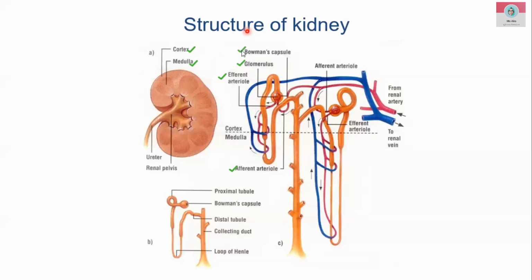The Bowman capsule is the one that surrounds the glomerulus, and there are some identifying features we can remember there. Then you are required to know the proximal and distal convoluted tubules, the loop of Henle, and the collecting duct. As we go along later on, we are going to go through these different structures and describe their functions as well.